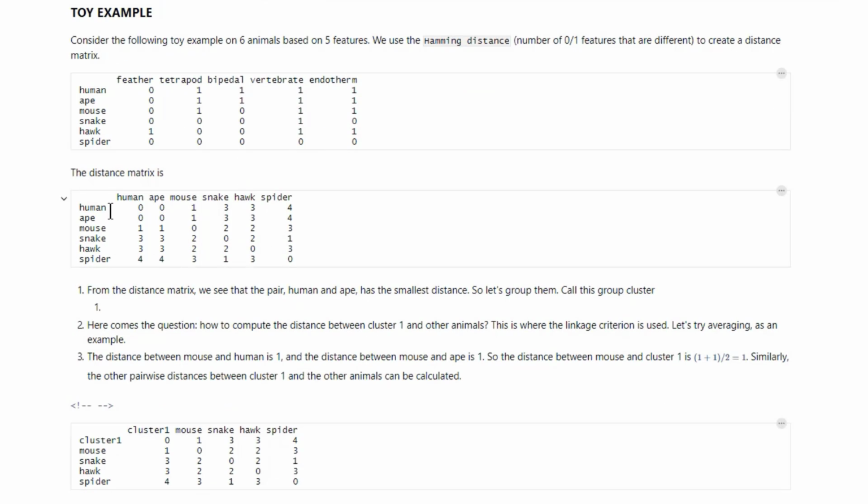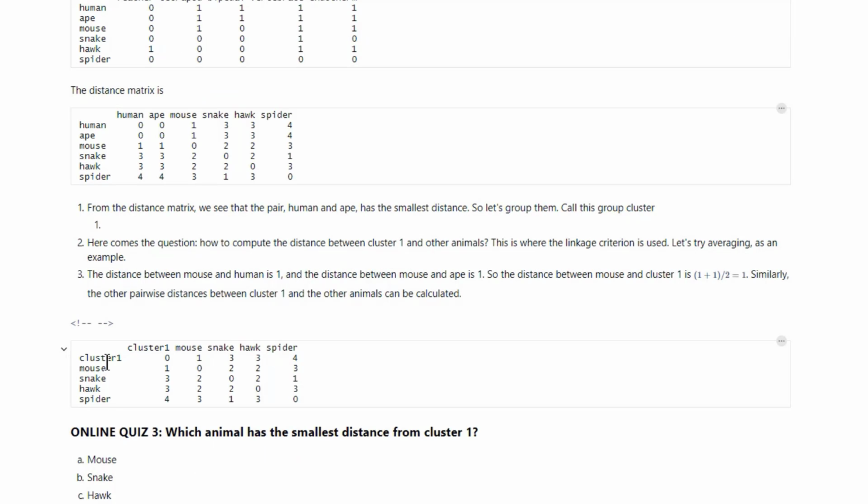Since human and ape are the most similar, we can combine human and ape to form cluster 1. Next, we are going to pretend that cluster 1 is a new observation, and we have to create the distance matrix for this new dataset, which does not have the human and ape, but it has this new observation cluster 1. So we have to find the distance between mouse and cluster 1, snake and cluster 1, and so on.